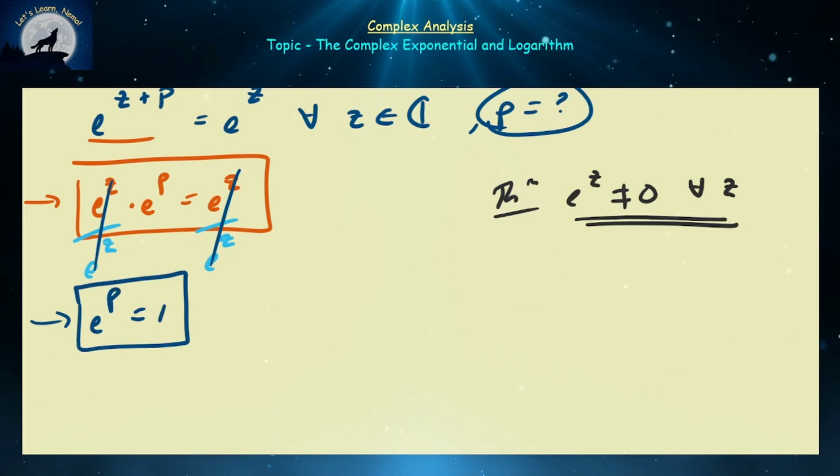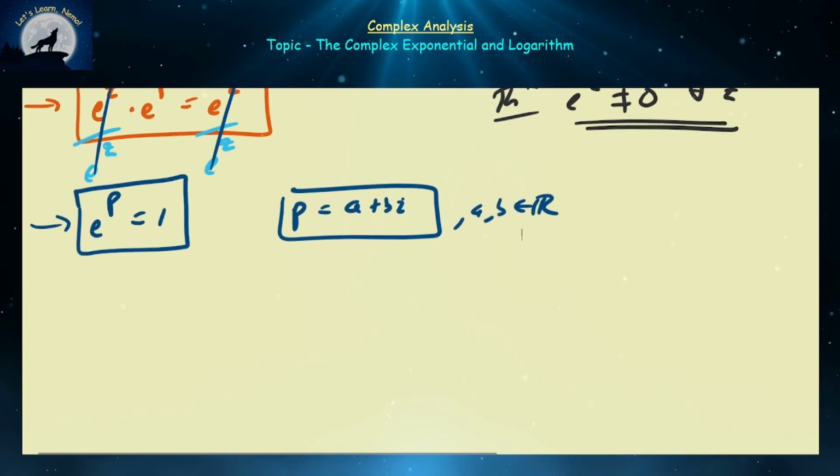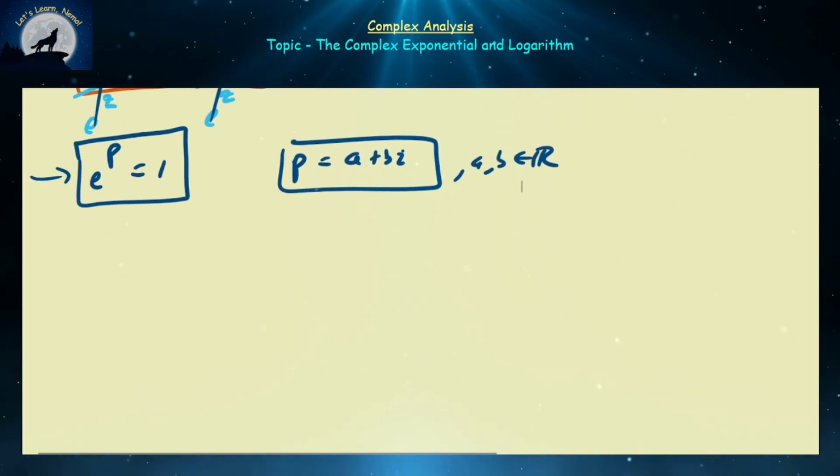So what is p? Well, p is going to be some complex number, let's assume a plus bi, where a and b are real numbers. Now, a could be 0, b could be 0, and we're just trying to figure out what the possible values are that a and b can have for this statement.